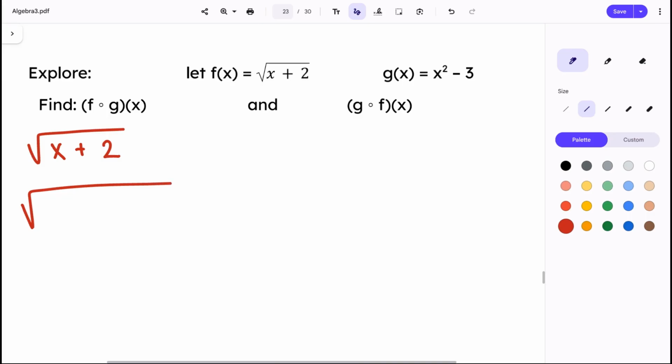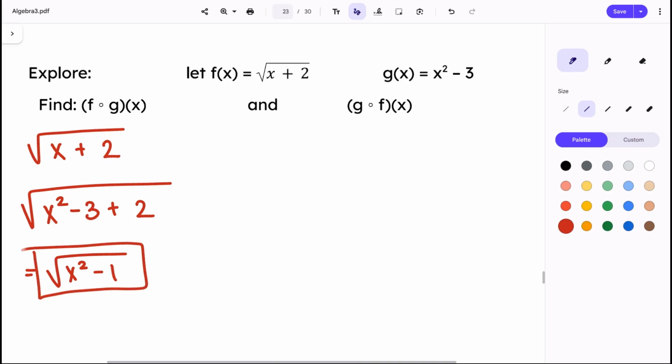X squared minus 3. And then plus 2. And so how would this simplify? Square root of what? And I would just leave it here, guys. You don't need to try to take anything out of the square root there. You don't need to try to factor that or anything like that.